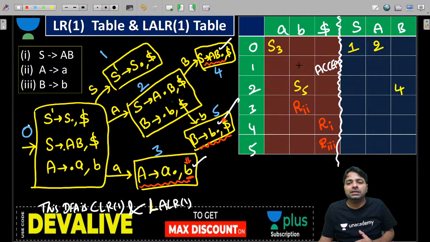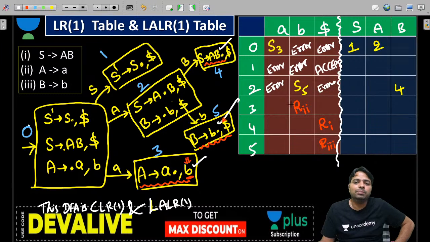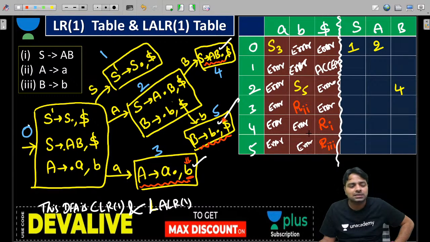These entries are called error entries. All the blank entries will correspond to error entries. These are going to help you during the parsing. If anybody wants this blank, it will produce a syntax error because this blank corresponds to nothing. So in all the tables, all the blank entries correspond to error entries, guys.